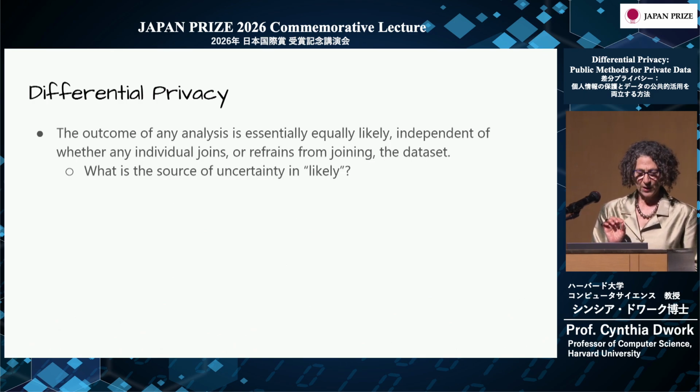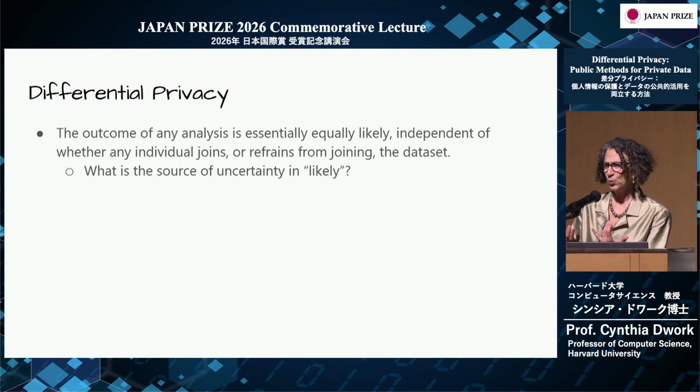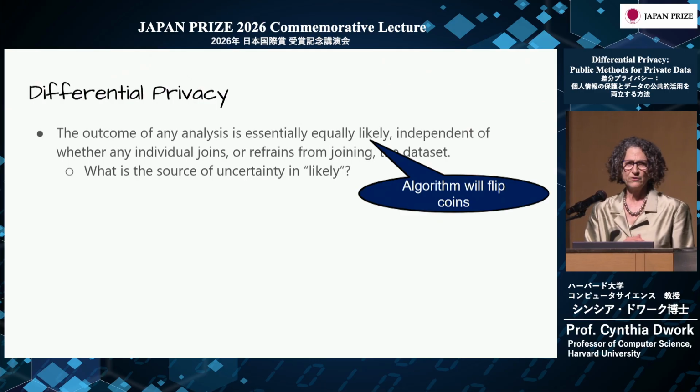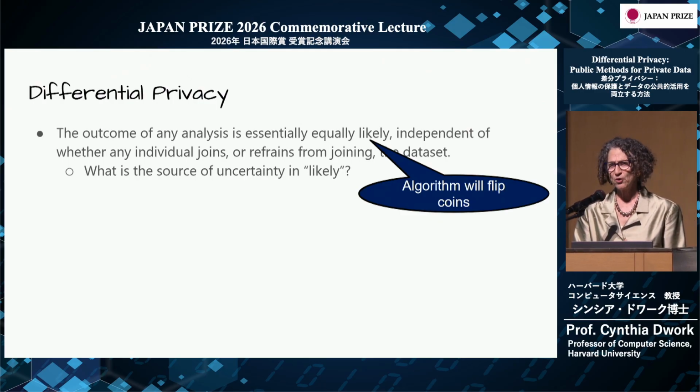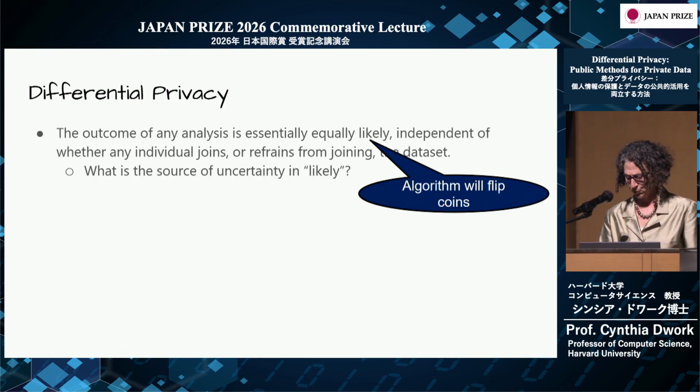Now the question is, when I say essentially equally likely, that says there's some uncertainty. So where is this uncertainty coming from? And the answer is that our algorithms are going to flip coins. They're going to deliberately introduce some randomness in order to hide the presence or absence of any individual or small number of individuals.